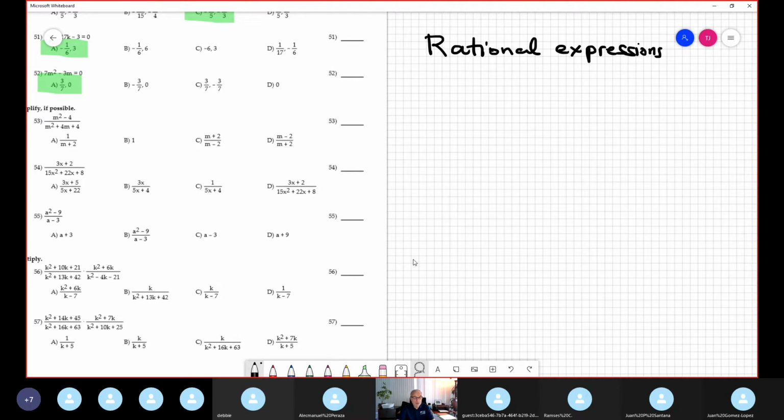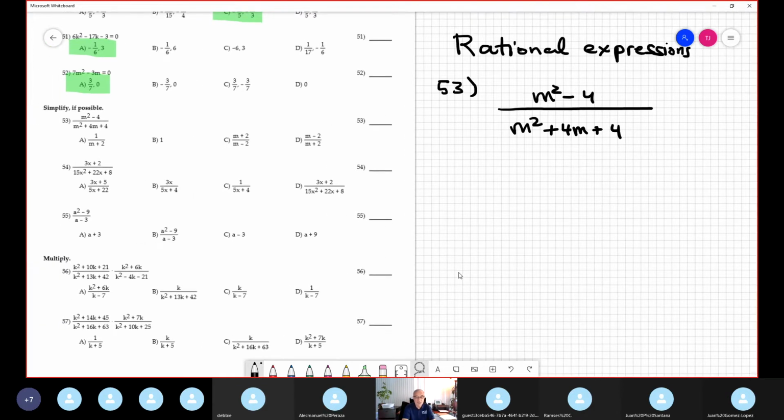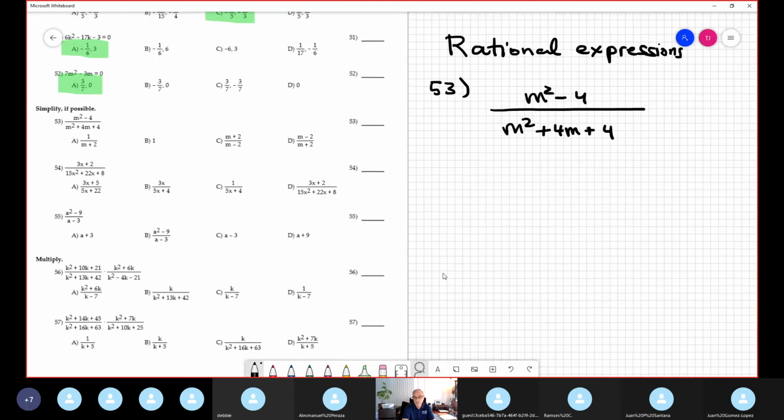Suppose that in problem 53 we have m squared minus 4 divided by m squared plus 4m plus 4. It's given, no? But the question says simplify if it's possible.